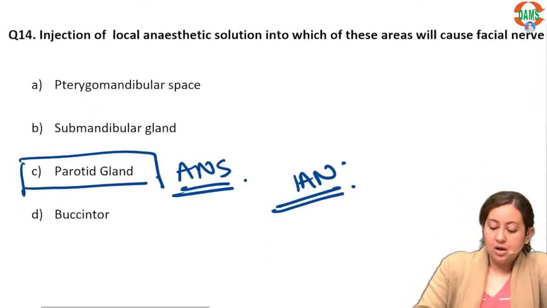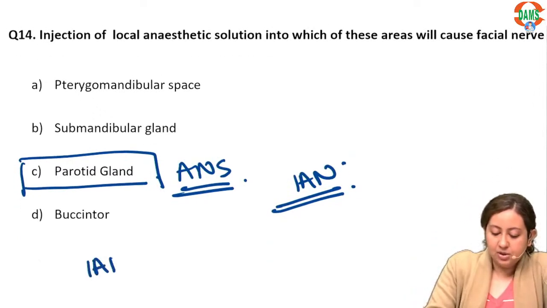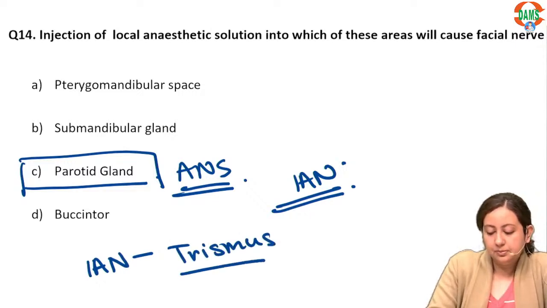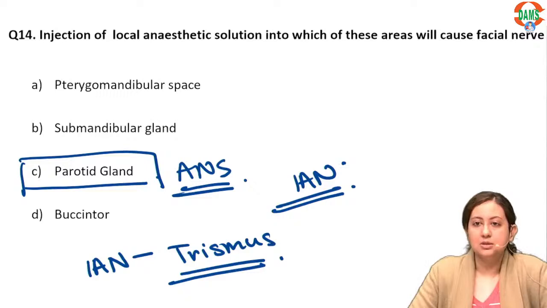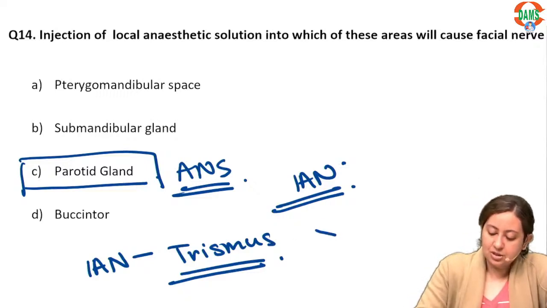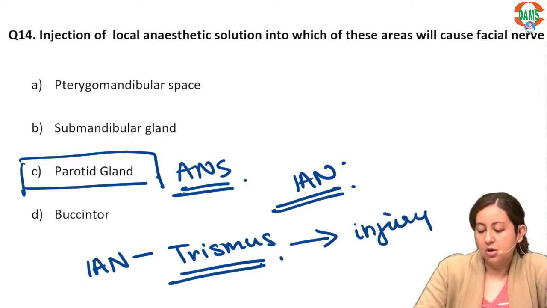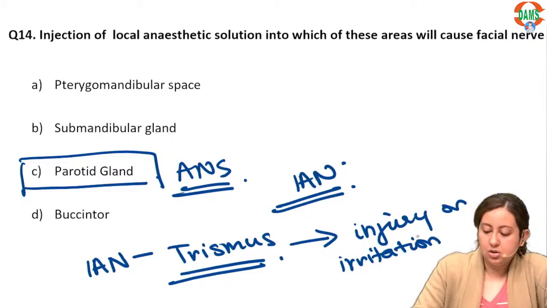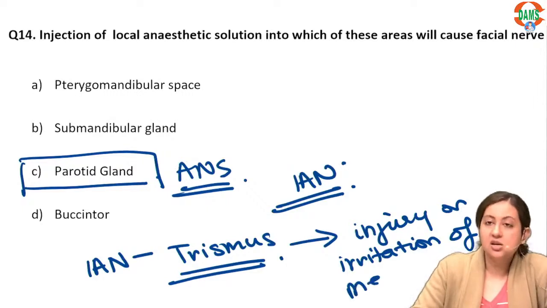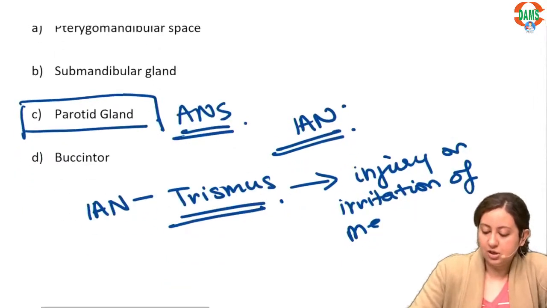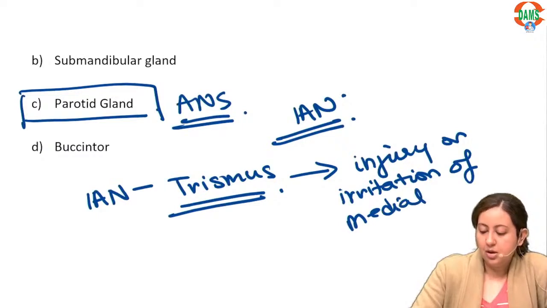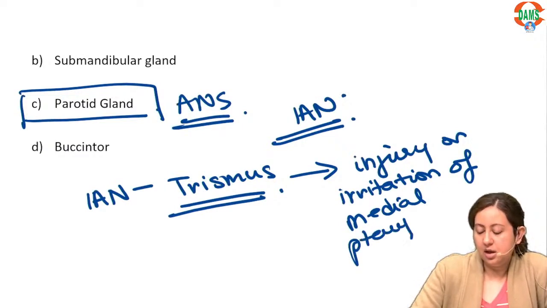Now another thing that can happen with an inferior alveolar nerve block is trismus. Why does this trismus happen? Due to injury or irritation of the medial pterygoid muscle.